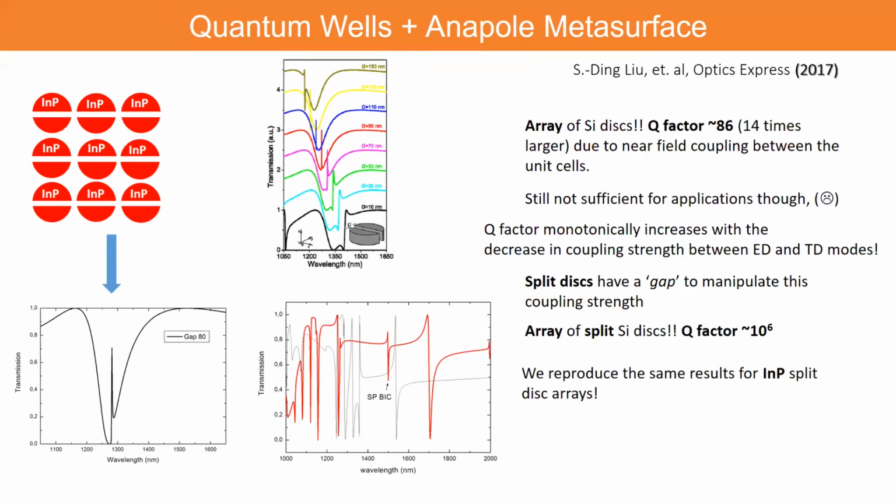because, again, they are suitable for quantum wells, for using in our quantum well lattice. And again, this indium phosphide split disk array structure was calculated and its modes were calculated.